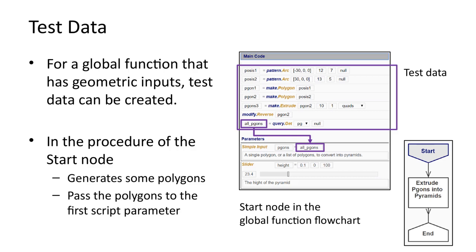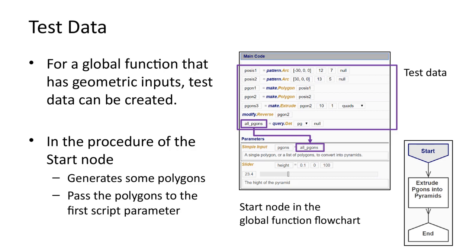In the start node, there is the main procedure section that is hidden by default. If this is opened, code can be inserted to generate test data. The parameter value can then be set to a variable that contains the test data. In the example code, a number of polygons are generated as test data.